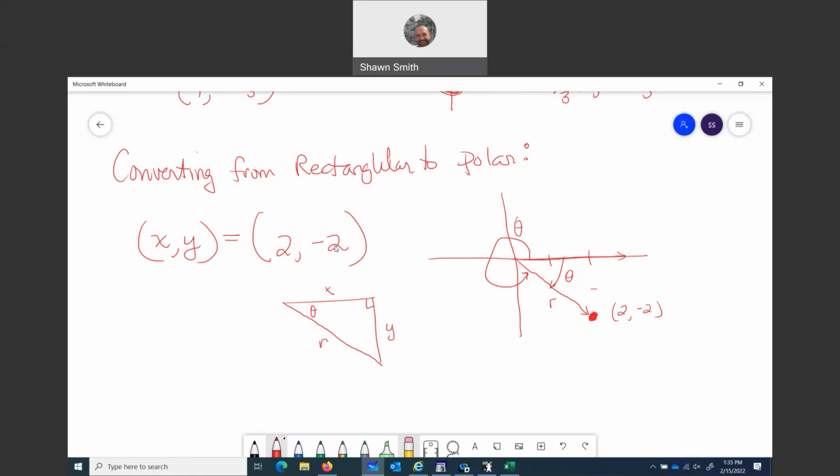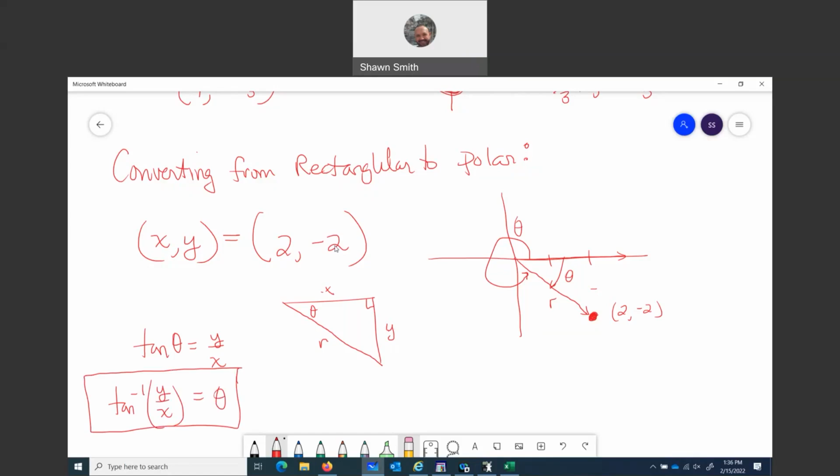What trig function is that? That's tangent, right? So I can say tangent of theta is equal to opposite over adjacent, y over x. So now I can say that the inverse tangent of y over x, that value, will give me my angle theta. That's how we calculate what theta would be.